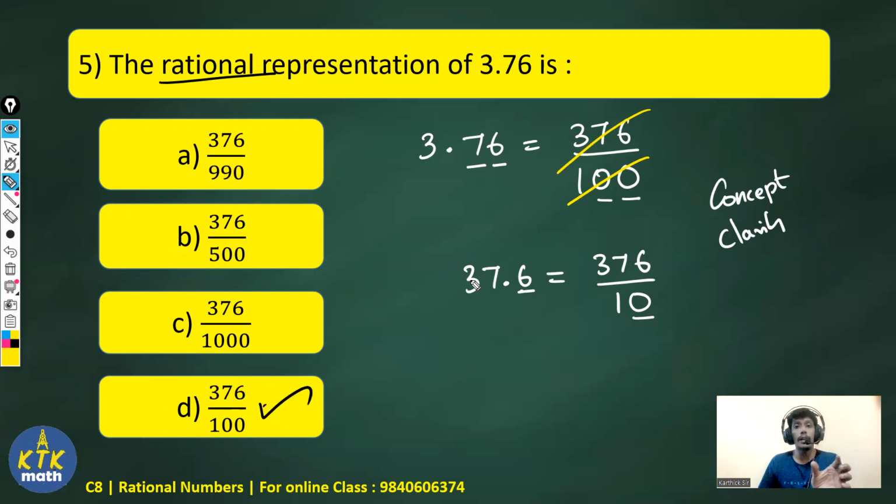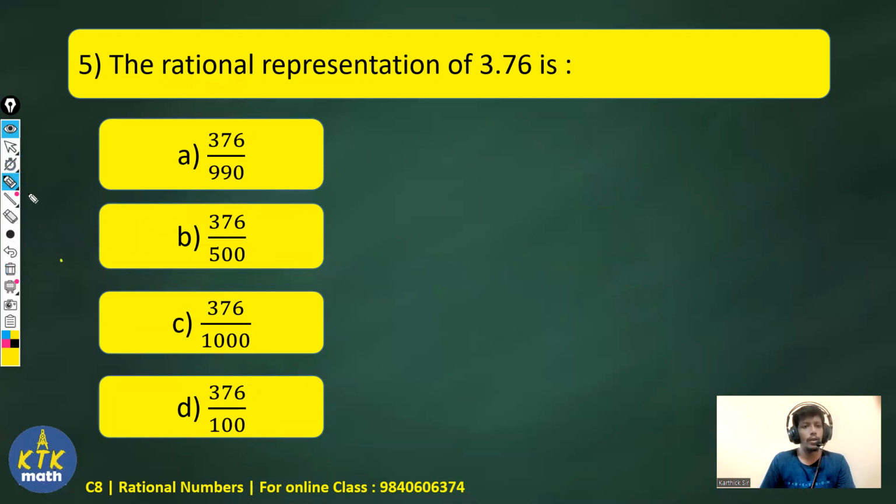Here they didn't mention simplified, they are asking only rational, so we write the direct answer. Sometimes they may mention simplified, which means after converting the decimal into a fraction, you need to cancel the numbers also. Shall we go for the next question? I hope you understand this question as well.